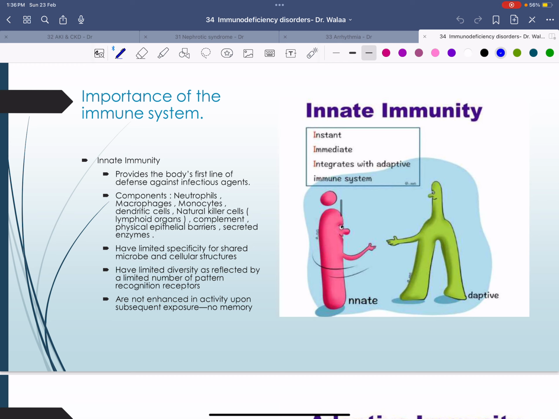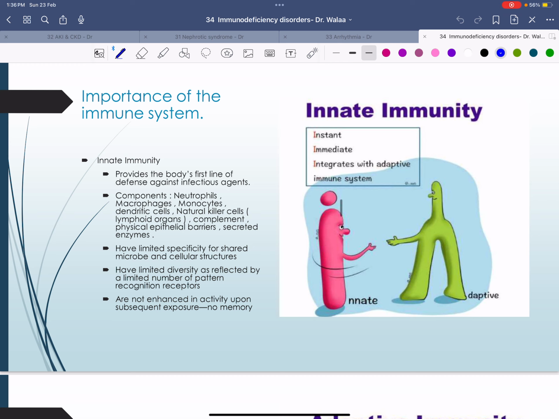And there are no pattern recognition receptors. What do pattern recognition receptors mean? It means I recognize this antigen and I have a specific response to it, and our body is able to produce a specific receptor that only binds to this antigen. Okay, so in the future, that means I have memory. So in the future, I should be able to recognize the antigen and act quickly.